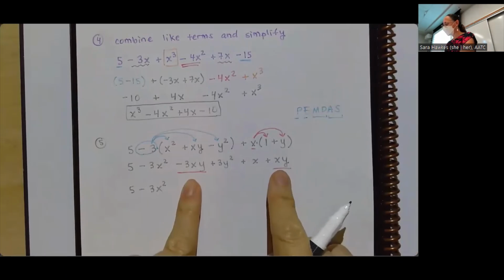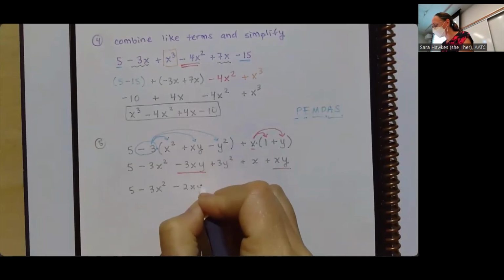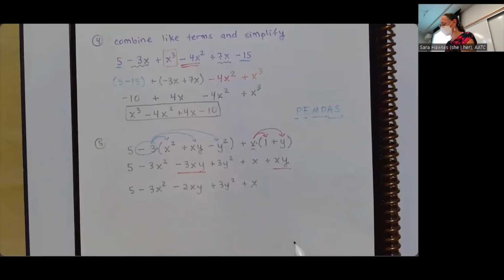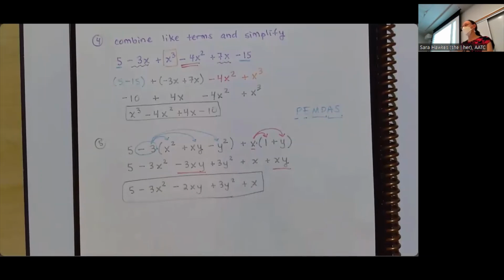If I combine those two together, I'd have negative 2xy plus 3y squared plus x. And that's the best I can do in terms of being able to combine like terms.